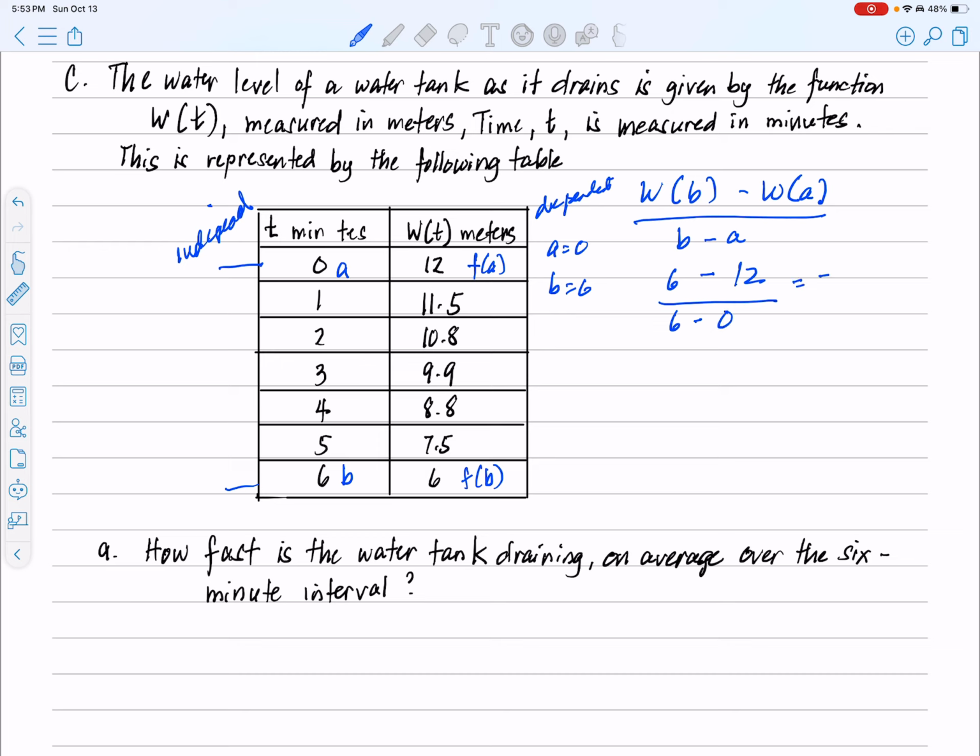So we have negative 6 over 6. That equals negative 1.